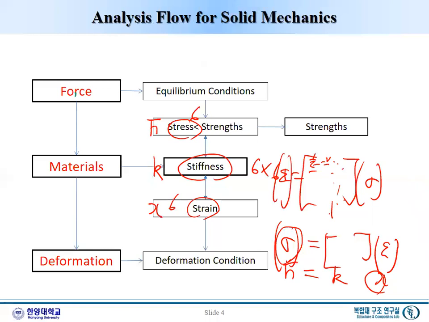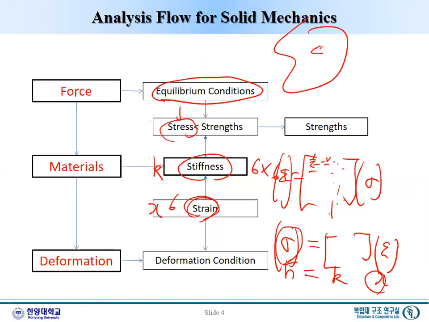So force and deformation exist inside the material, but this force, the 6 component stress, cannot just stay as they like. No. They cannot exist arbitrarily. Why? This one has to be controlled by the equilibrium.